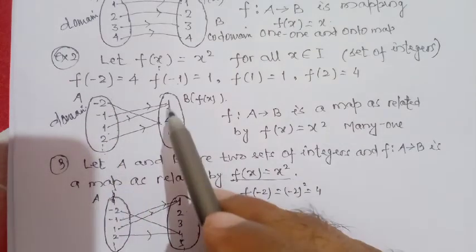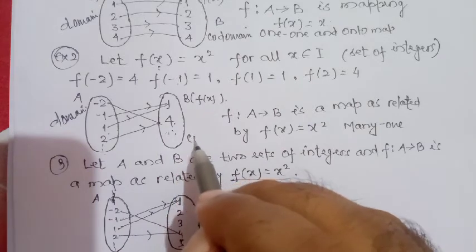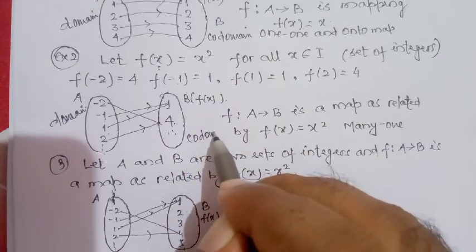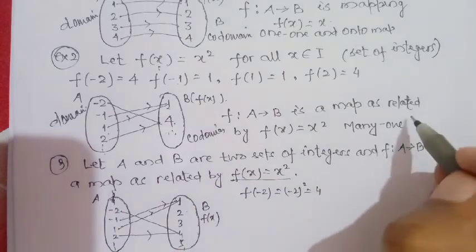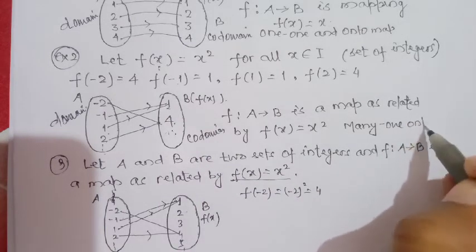And also each element of B, that is codomain, is image, so this is called many one onto map.